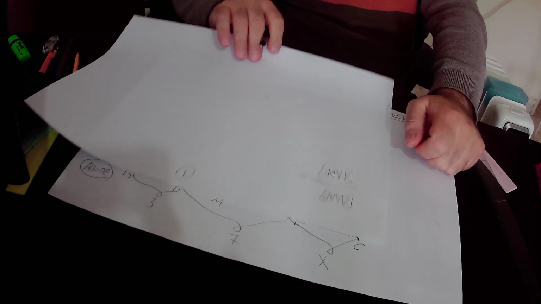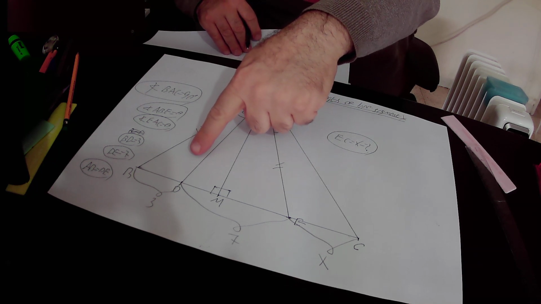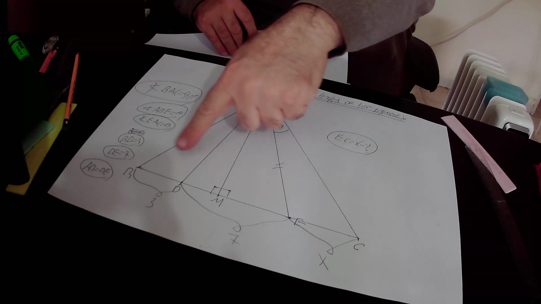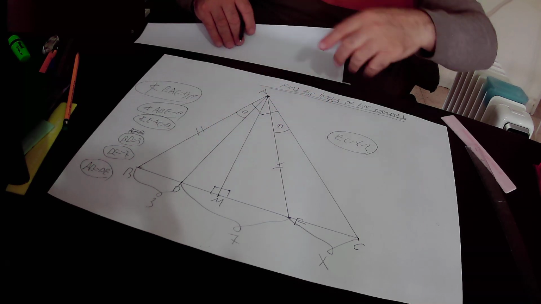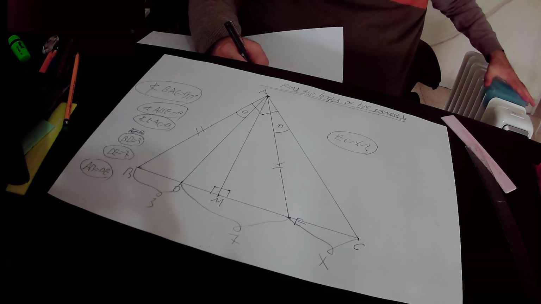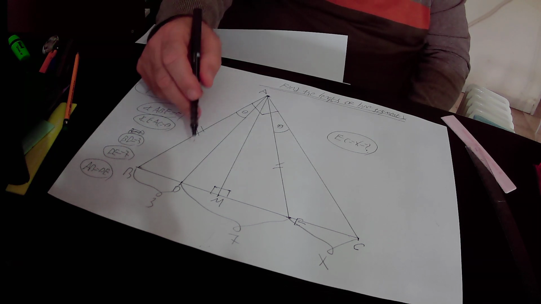So the area of triangle ABD will be equal to the base of the triangle, that is actually BD, times the height to the base.